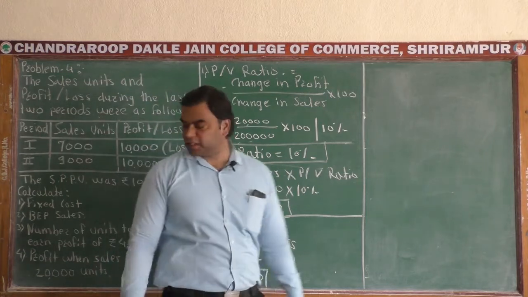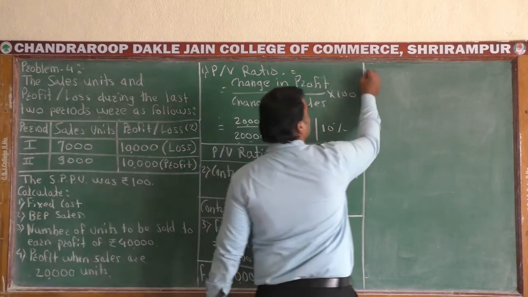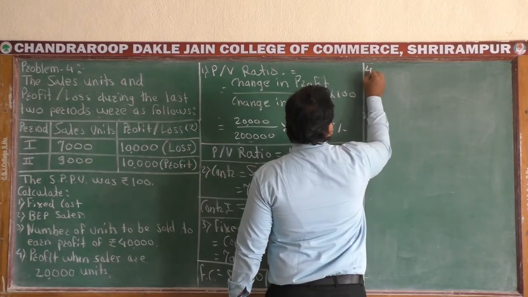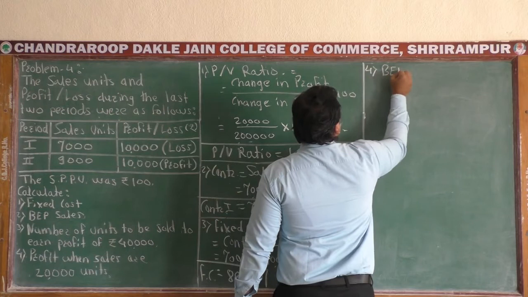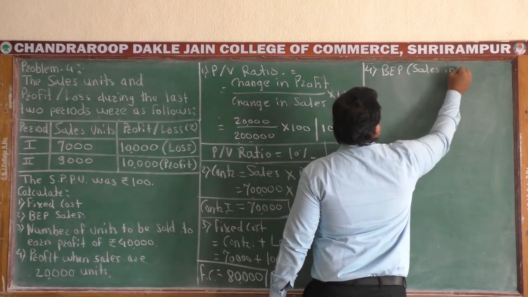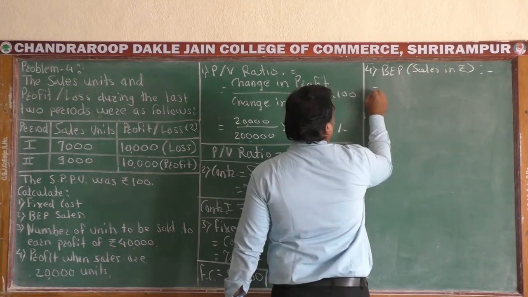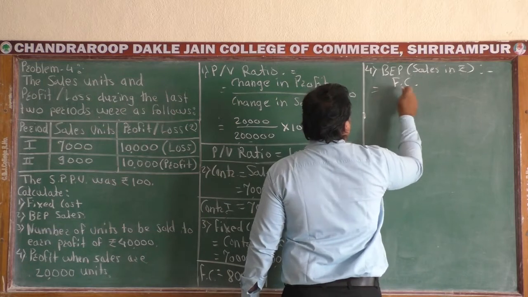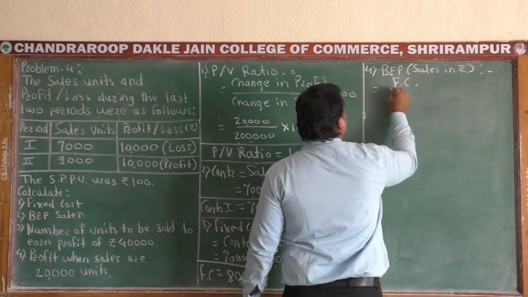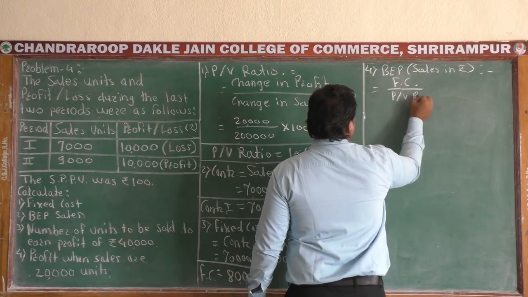So let's start calculating our second item, that is BEP sales in rupees. What is the formula? Fixed cost as the amount of contribution at BEP level, fixed cost upon PV ratio.